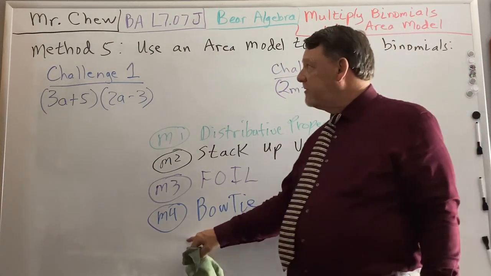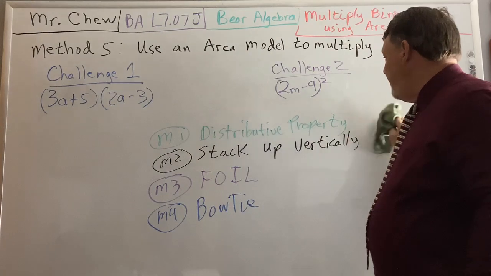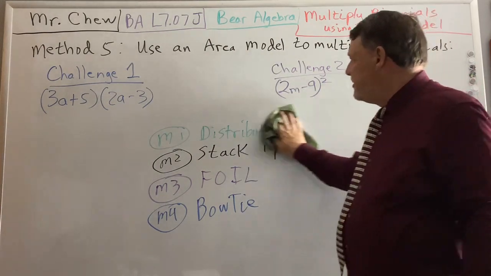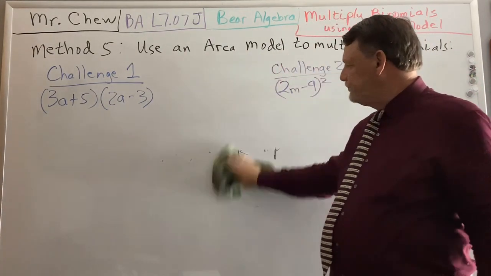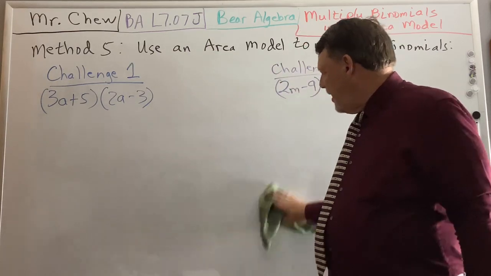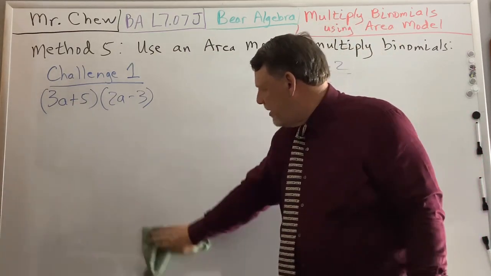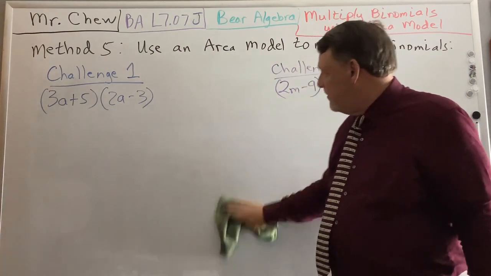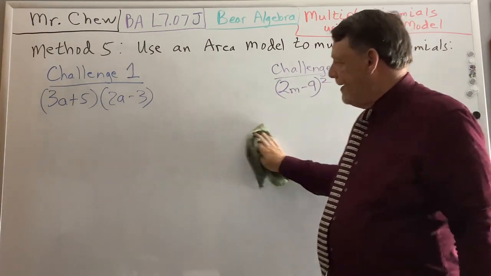So now we get to method 5, and we call that an area model. Let me erase these so I'll have plenty of room. My erasers are all gummed up with ink, so I'm just using a micro rag here.